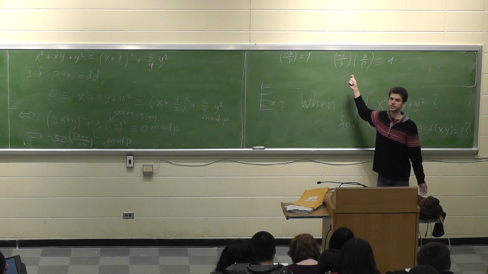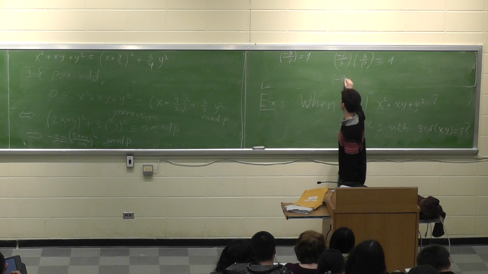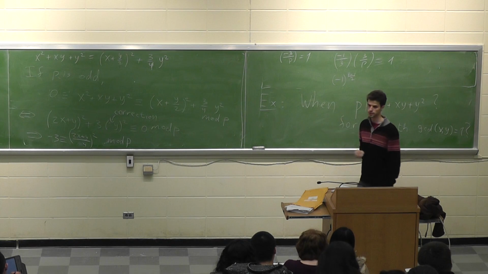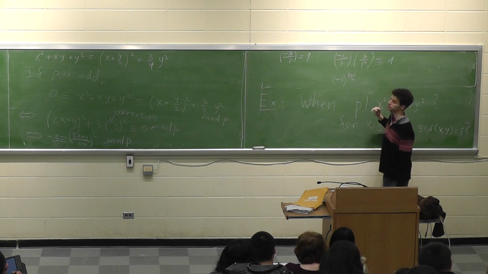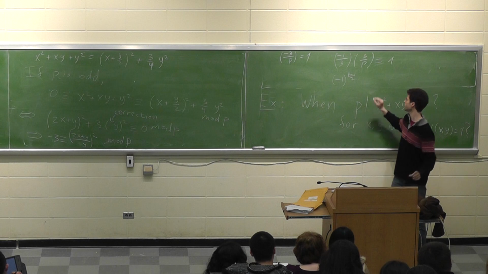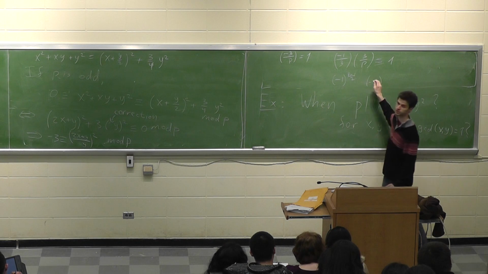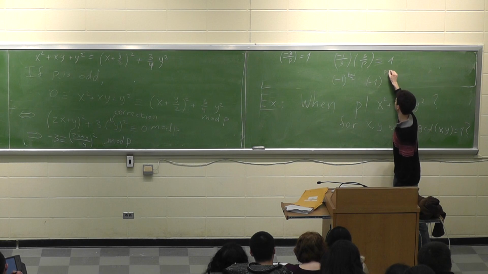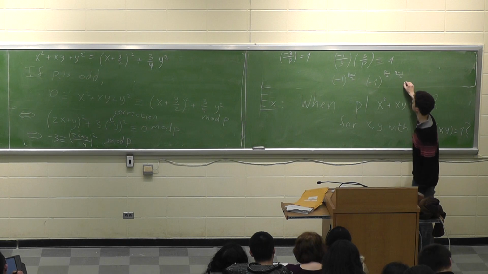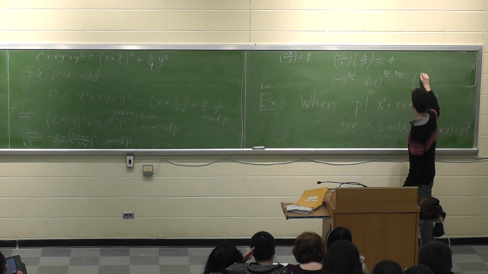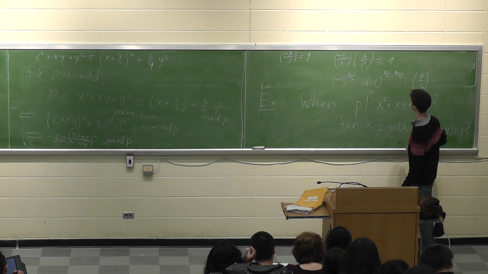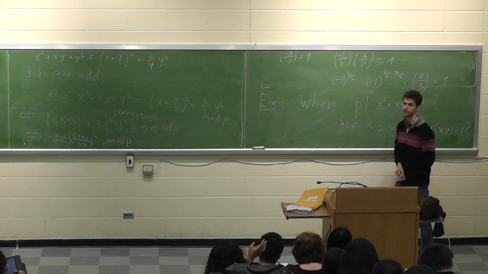Minus 1 over p is minus 1 to the power p minus 1 over 2. And 3 over p, by quadratic reciprocity, is minus 1 to the power p minus 1 over 2 times 3 minus 1 over 2 times p over 3. And you want this to be equal to 1.